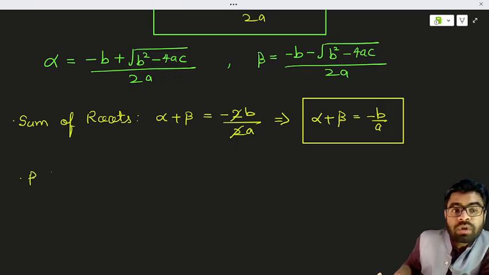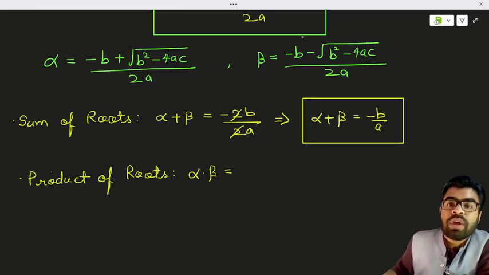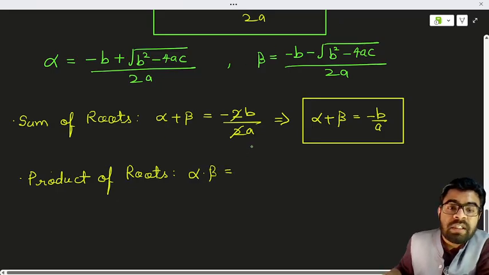Now we will see the product of roots. What is the product of roots? Basically we want to find alpha into beta. So if I multiply these two roots here, let's see what we get. If I have multiplied these things, so we get here minus b.